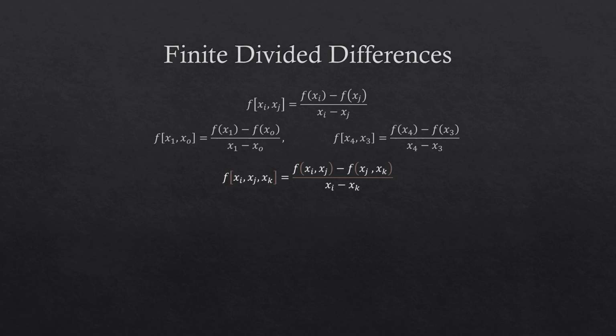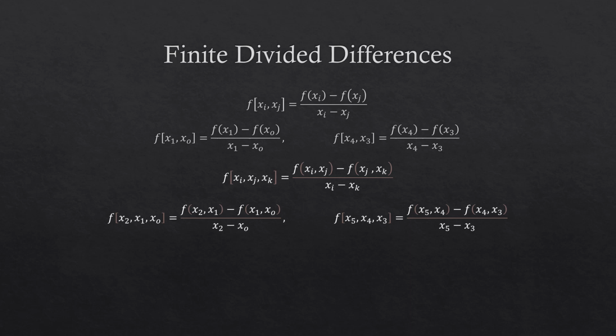Actually, f of x sub i, comma x sub j is the first finite divided difference for the points x sub i and x sub j. And f of x sub j, comma x sub k is the first finite divided difference between x sub j and x sub k.